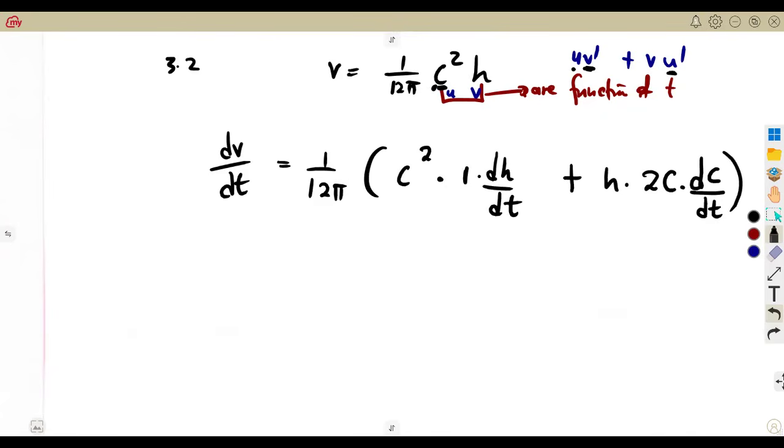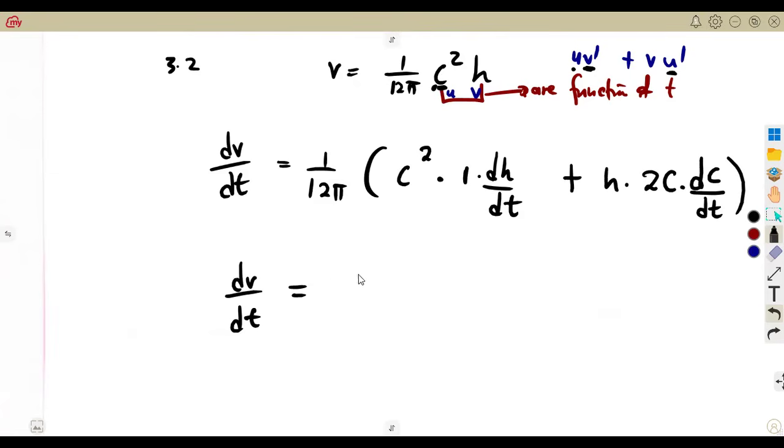It was an interesting question like this one. They are trying by all means to confuse us, guys, but there's nothing there. They are functions of t, so you just differentiate as usual, just like the implicit part. You differentiate c, not forgetting dc dt, and h, not forgetting dh dt. So this was going to be the derivative of your volume with respect to t.